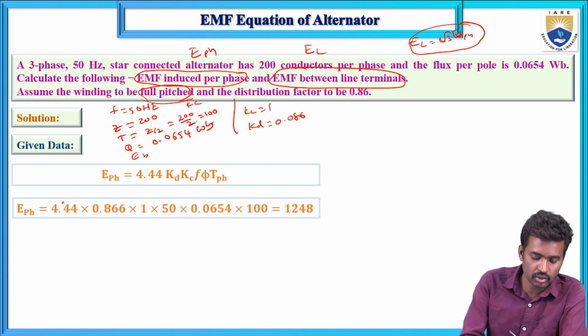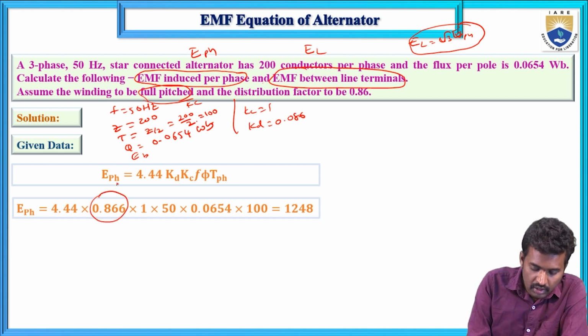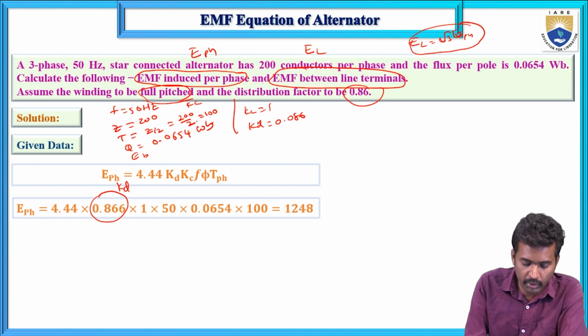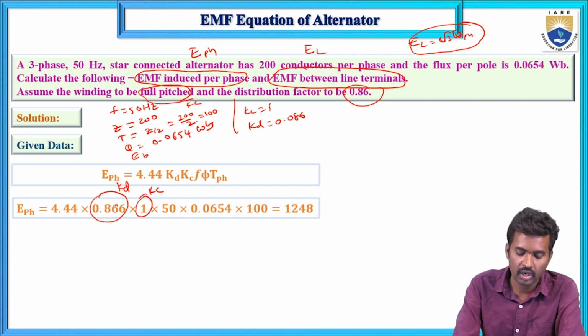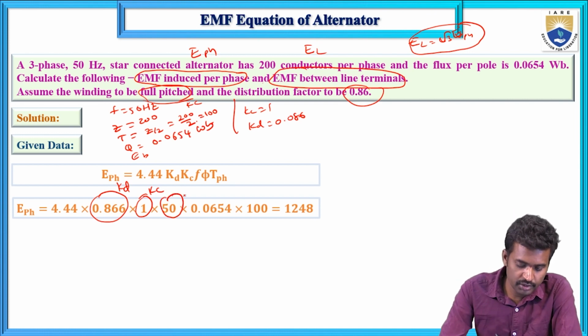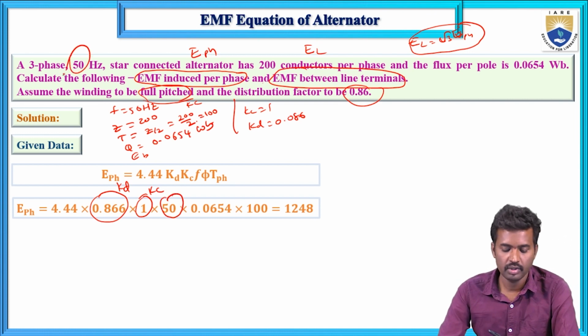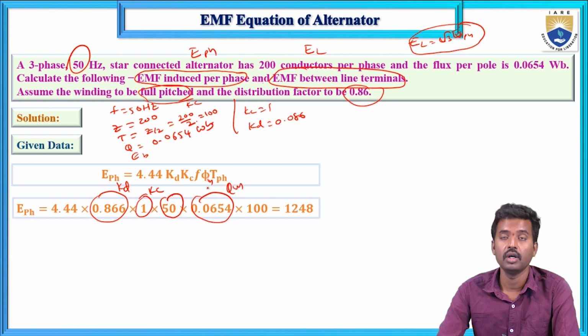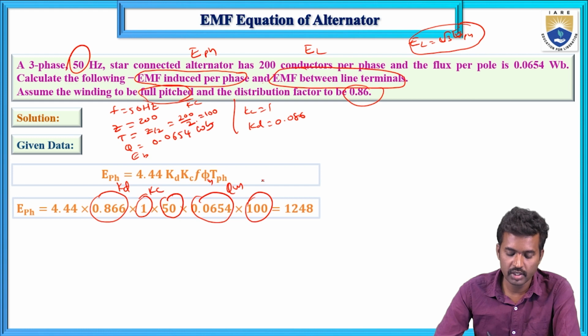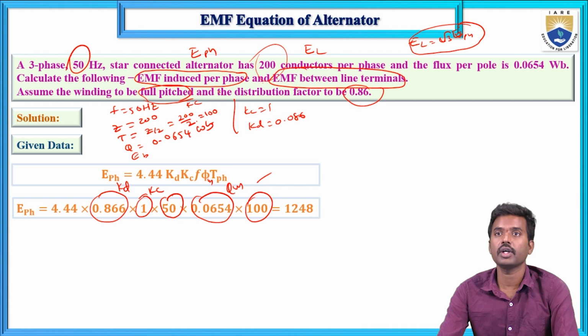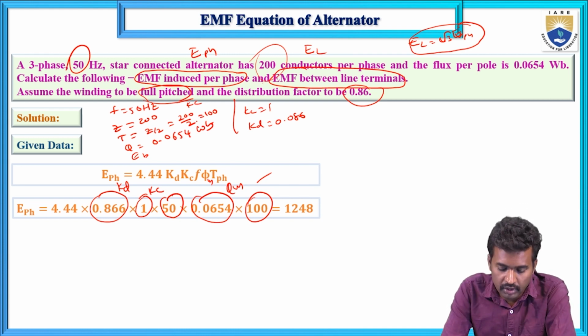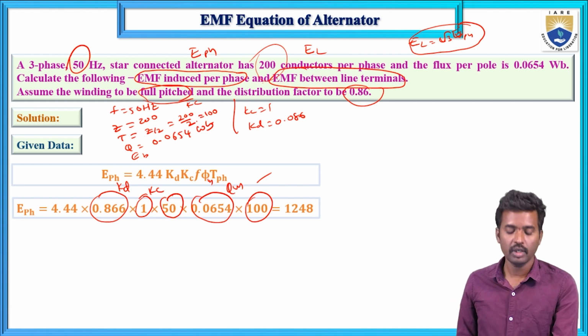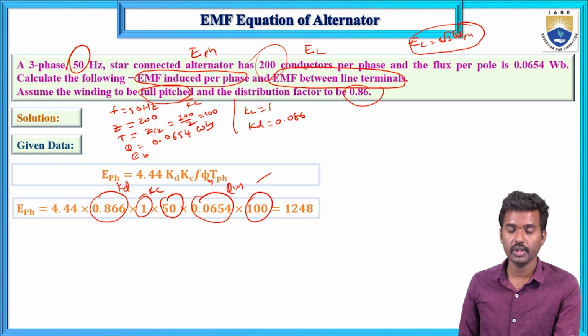Here Kd is 0.866, Kc is for full pitch, frequency is 50 Hz, φ is the maximum value of flux, and total number of turns is 100. The conductors are given as total armature conductors, but we need only the number of turns.